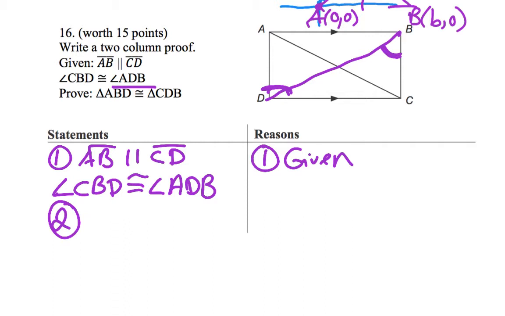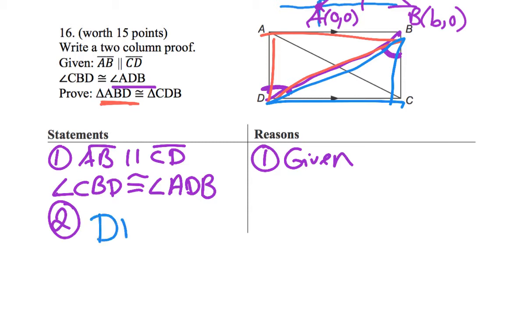It's a little deceptive because a diagonal was drawn. You don't need that one. That was drawn for you. We need to know that triangle ABD is congruent to triangle CDB. So where I'm going to start is that I'm going to go the easy route and say that DB is congruent to DB.